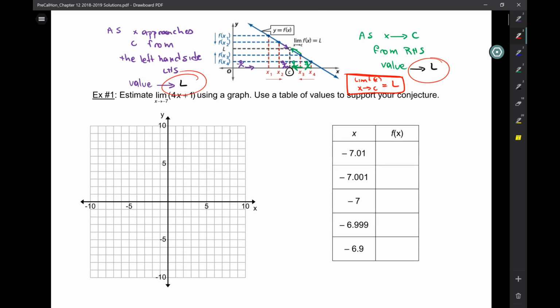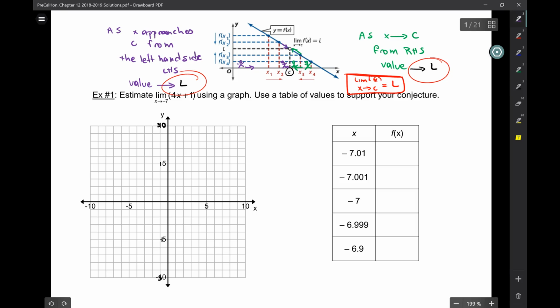Okay? All right. So here we're going to estimate the limit as x approaches -7 of 4x plus 1 using a graph, right? And so here what I'm actually going to do is rescale my y-axis. I'm going to go by 3s instead of 1. So I'm going to make that 30, 15, -15, and -30.